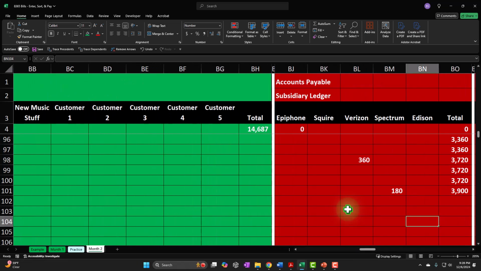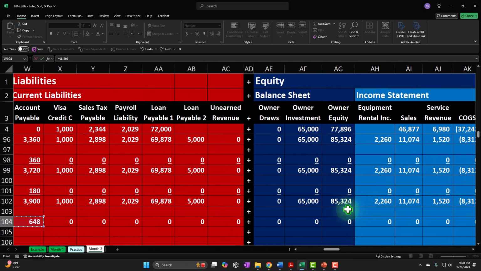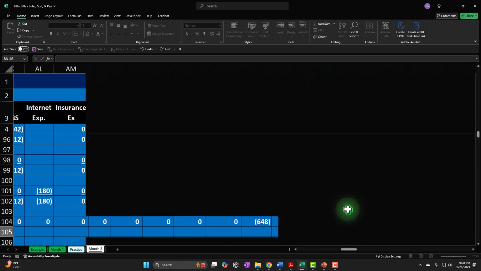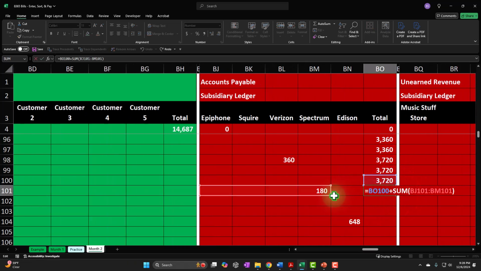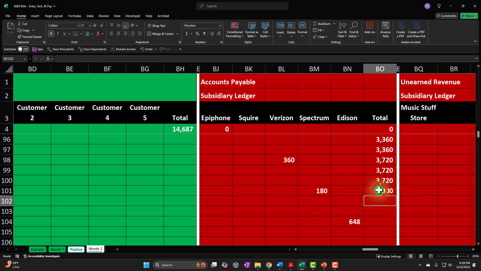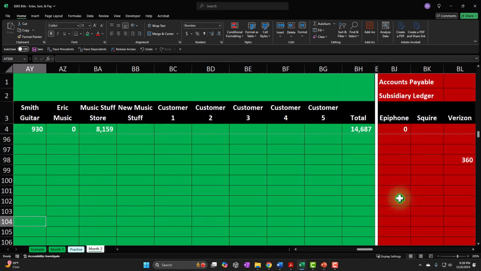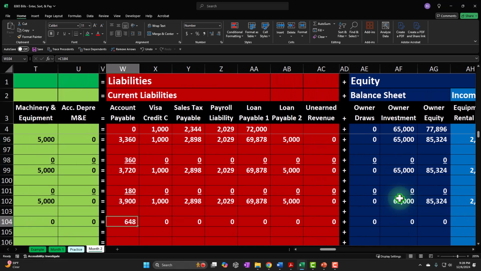So I want to see on the same row equals the same thing that happens to the AP, 648. The balance needs to be added, this last bit. So I'm going to copy this over, enter, and then pull that balance down. Subledger is currently at 4,548, which should match what's on the GL, 3,900 plus 648, 4,548.